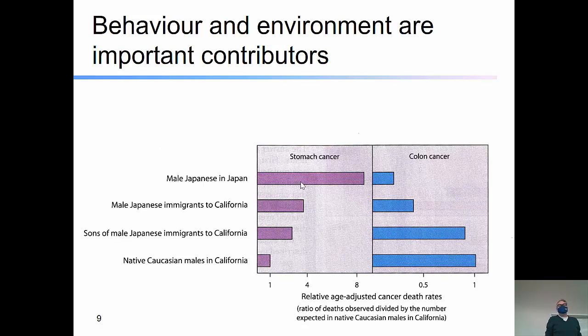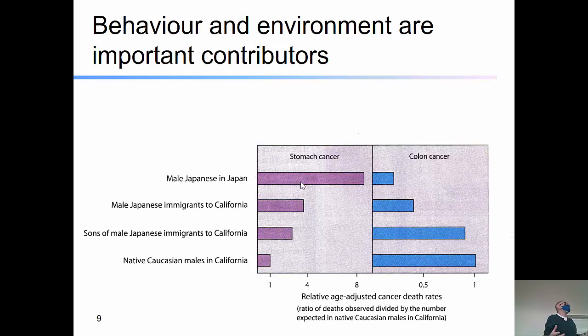This first slide here is showing us that it's not solely genetic, because if we take someone from Japan and they move to California, their rates of cancers alter. The occurrence of them getting stomach cancer drops, but for colon cancer it increases.